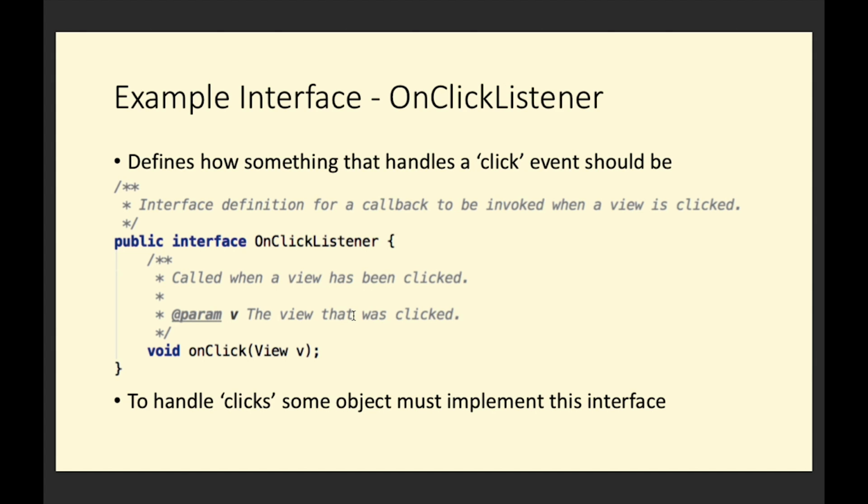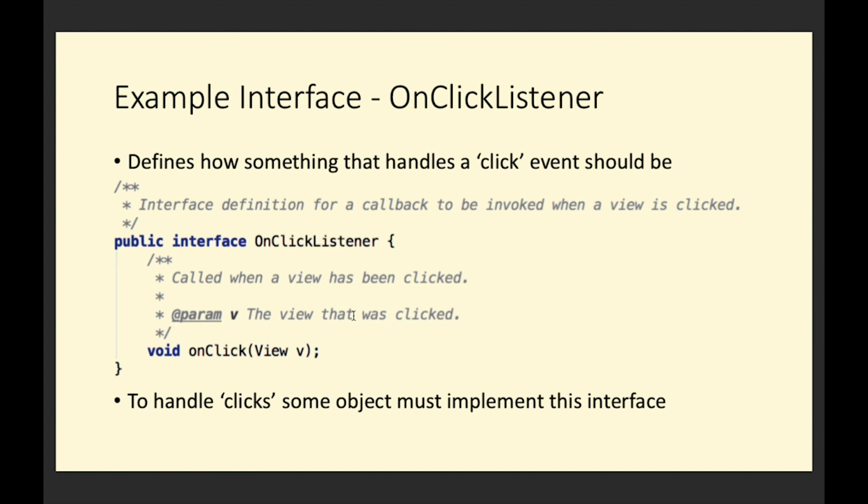Basically, a button can be told that a click listener will respond when a user taps it. But the click listener has to take a particular format. The interface is called OnClickListener, and it has one method called onClick, which takes a parameter of a View. So anything that wants to handle the click for a button has got to implement onClick.